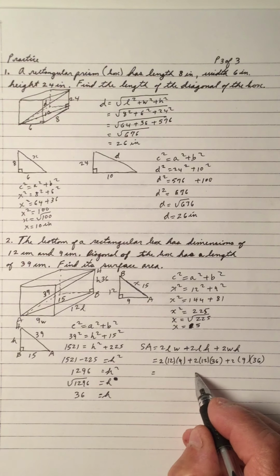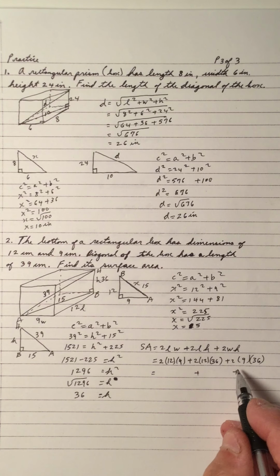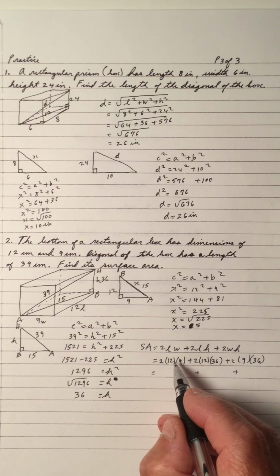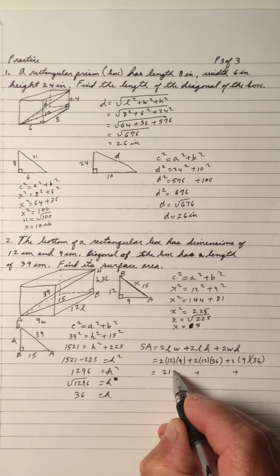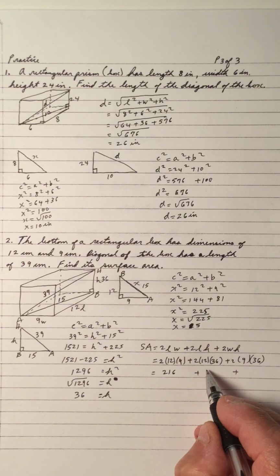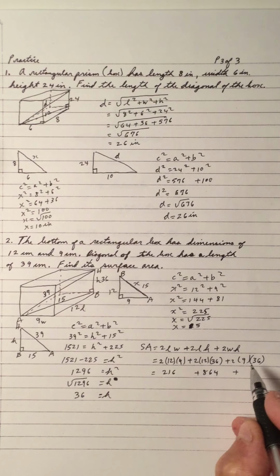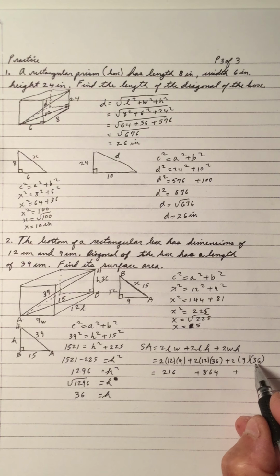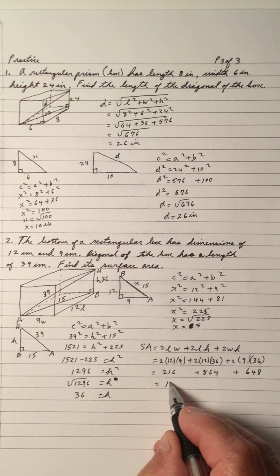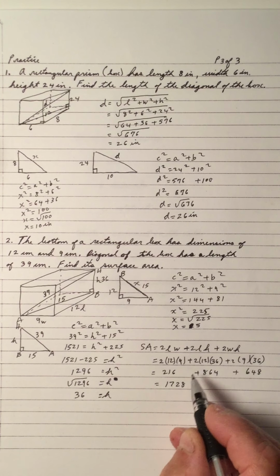When you've got all that filled in, you use your calculator and multiply these out. So 2 times 12 times 9 is 216. 2 times 12 times 36 is 864. 2 times 9 times 36 is 648. And when you add all those up, you get 1728.